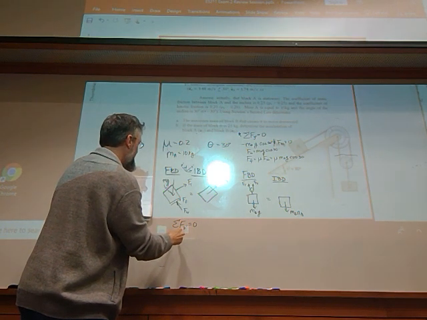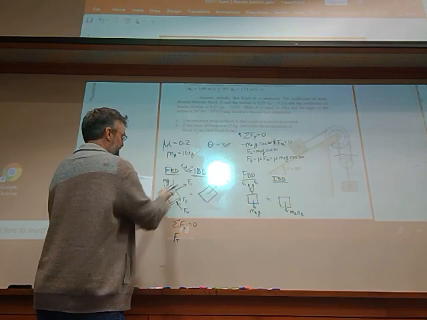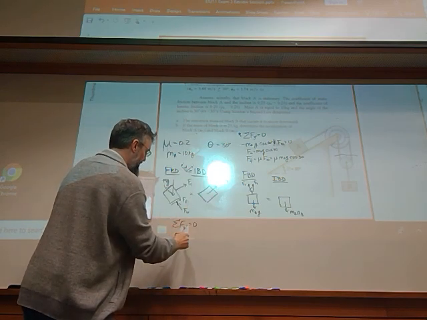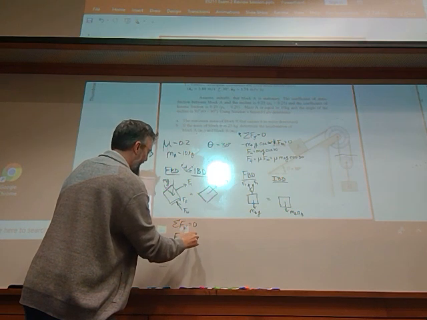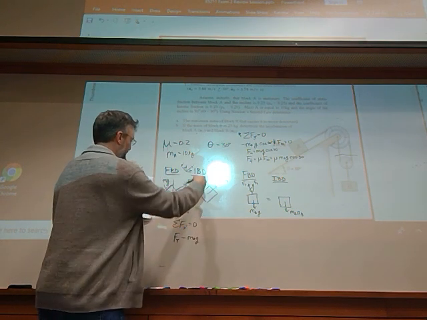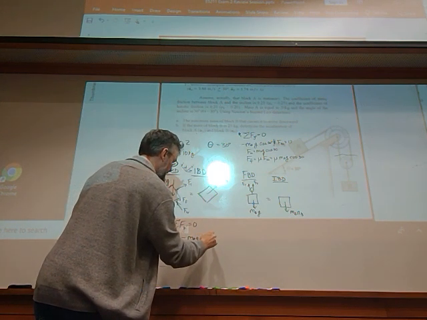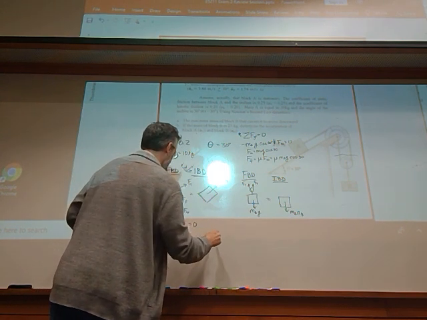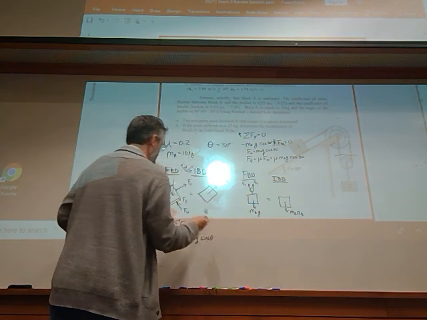And systematically breaking the thing down, we say that Ft, that's positive in the x prime direction, and it's going to have a minus MAG component times the sine of theta. And then, well, you know what?